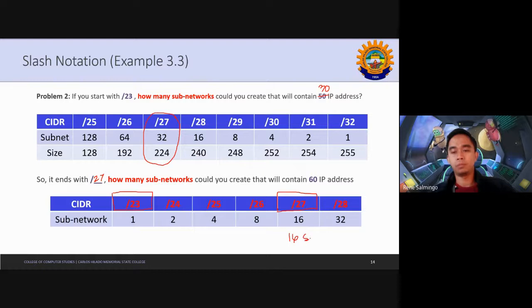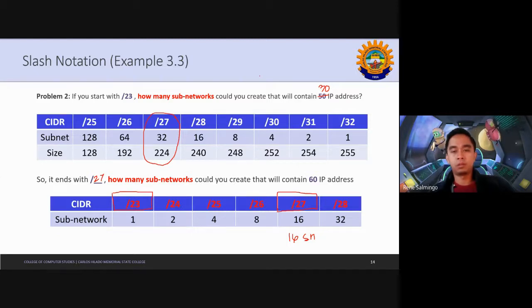So 16 subnetworks. And on this side, if you have 30 IP addresses, you use until /26, and each should have 16 subnetworks, and your block size would be 32.